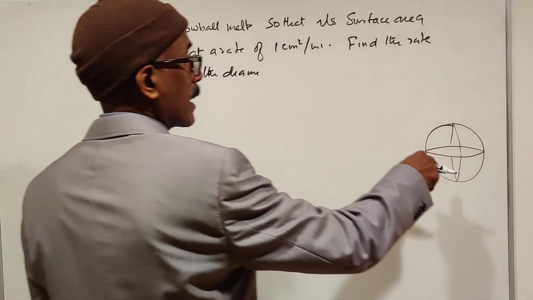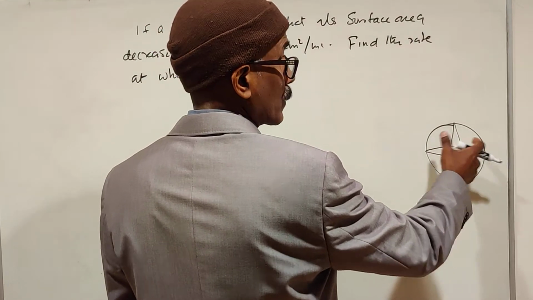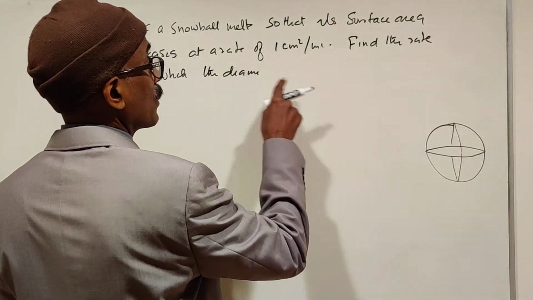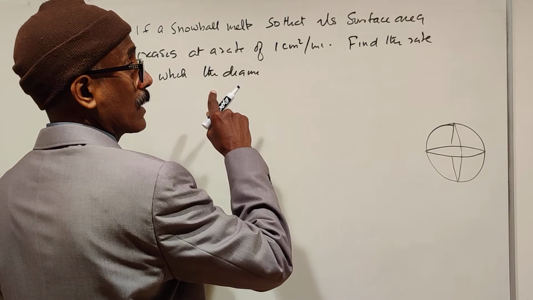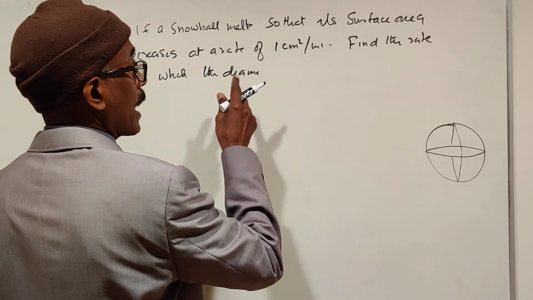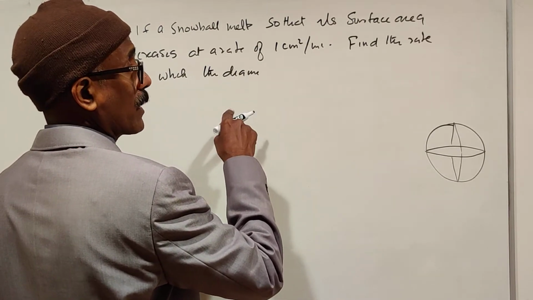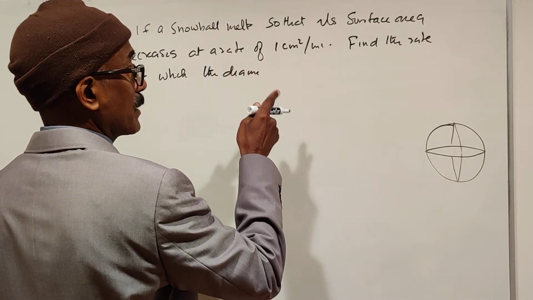When the sphere melts, the diameter also decreases. So we need to find the rate of change of diameter with respect to time.